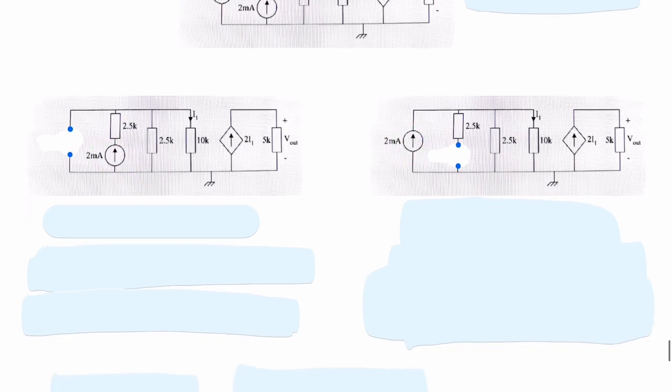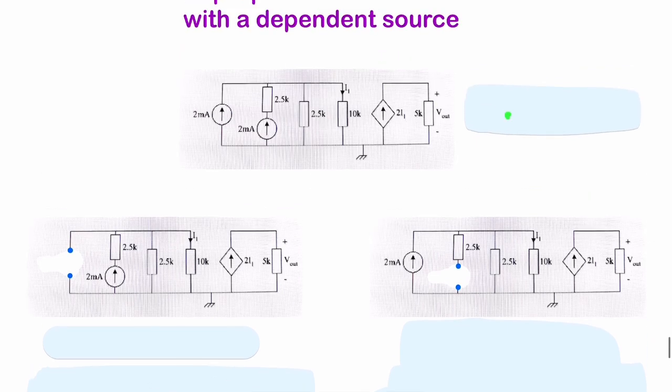So if we look at this circuit here, we're trying to find this potential. And this potential in the end is just this current multiplied by the value of the resistance. So V out is simply the current, which is twice I1.